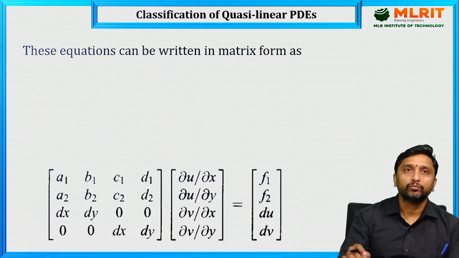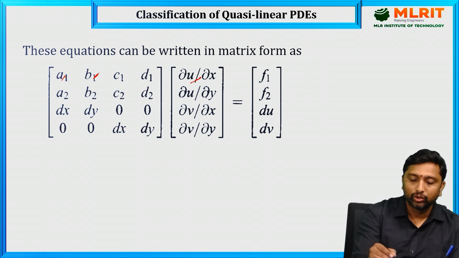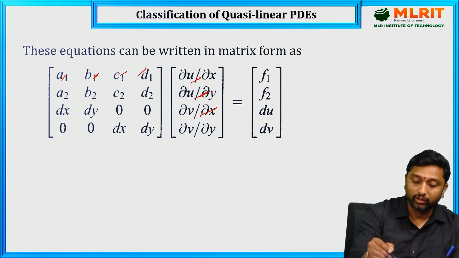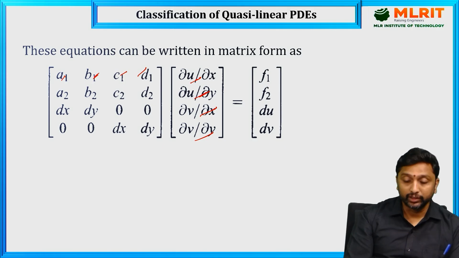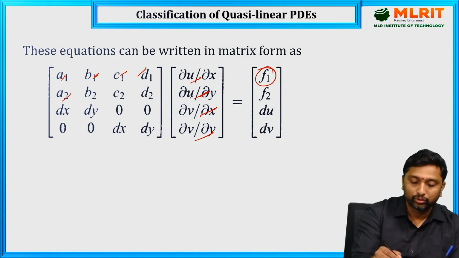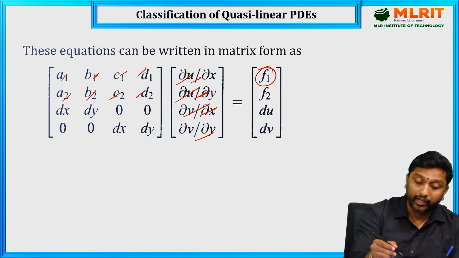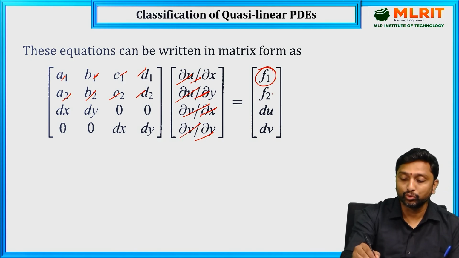So see, A1 dou u by dou x, B1 dou u by dou y, C1 dou v by dou x, D1 dou v by dou y is equal to what? F1. Similarly, A2 dou u by dou x, B2 dou u by dou y, C2 dou v by dou x, D2 dou v by dou y equals F2.